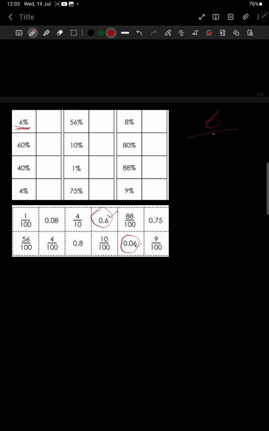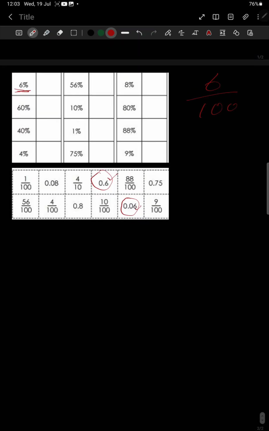So we will write over here 6% means 6 over 100, and now 6 over 100 is 0.06, because the decimal needs to move 2 steps back. So this will come over here. And 60% means 60 over 100, and the decimal will move 2 steps back, so it will be 0.60.